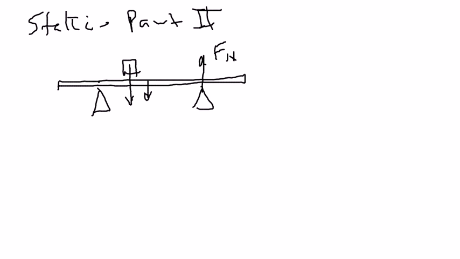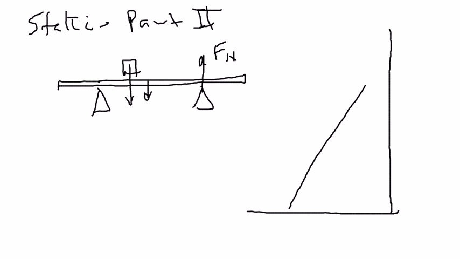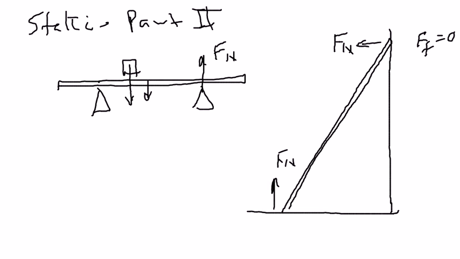An actually more complicated problem is probably the ladder problem, where you would have a ladder up against a wall, and remember we said that we assume that the friction here is equal to 0. So again the forces are a normal force in this direction, a normal force in this direction, we'll call it N1, N2.